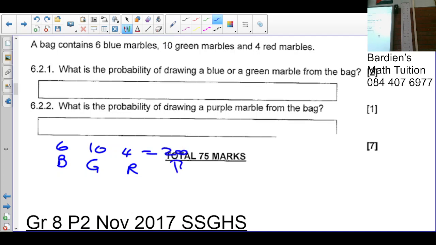There's 20 in total. The question says, what's the probability of drawing a blue or green marble? So how many blue are there? 6. Green? 10. So the probability is 6 plus 10 over 20, which is 16 over 20, which is 4 over 5. What's the probability of drawing a purple marble? So the purple, 0 out of 20.